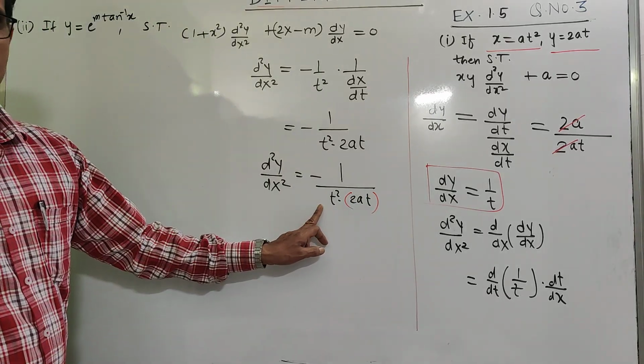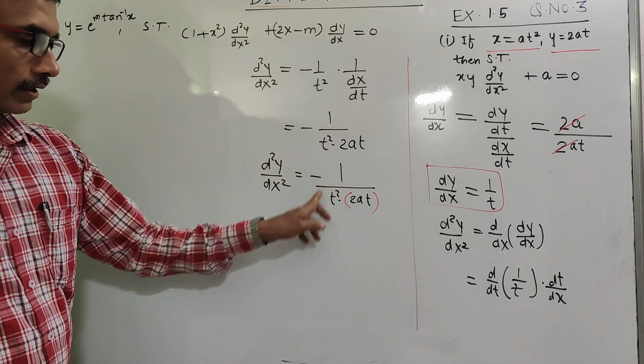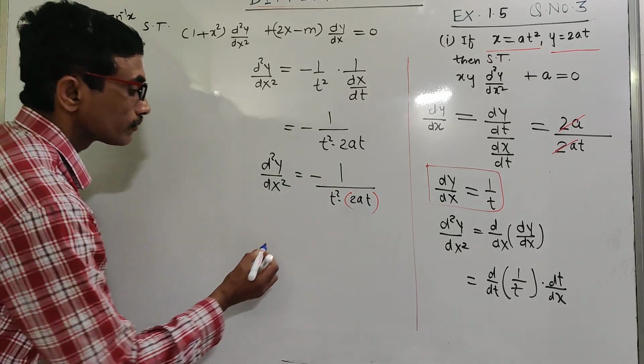Now what do we need? at square. So we multiply numerator and denominator by a.